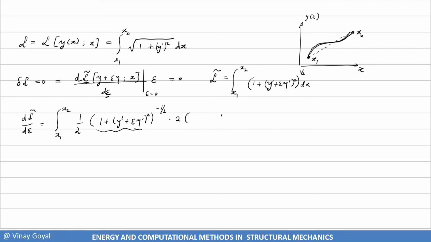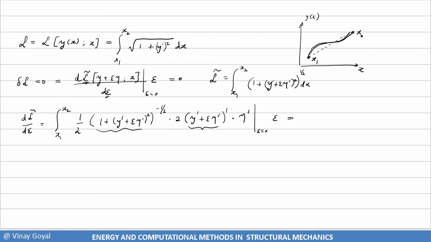What is the derivative of this with respect to epsilon? That's y prime plus epsilon eta prime, to the 1 power, times the derivative of this with respect to epsilon, because again it's chain rule differentiation. So I get eta prime. And then I have to evaluate this at epsilon equal to 0.